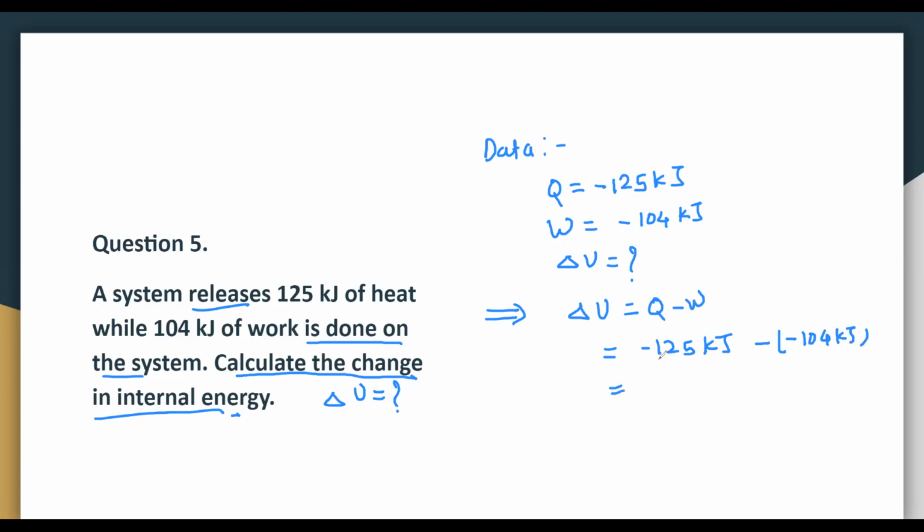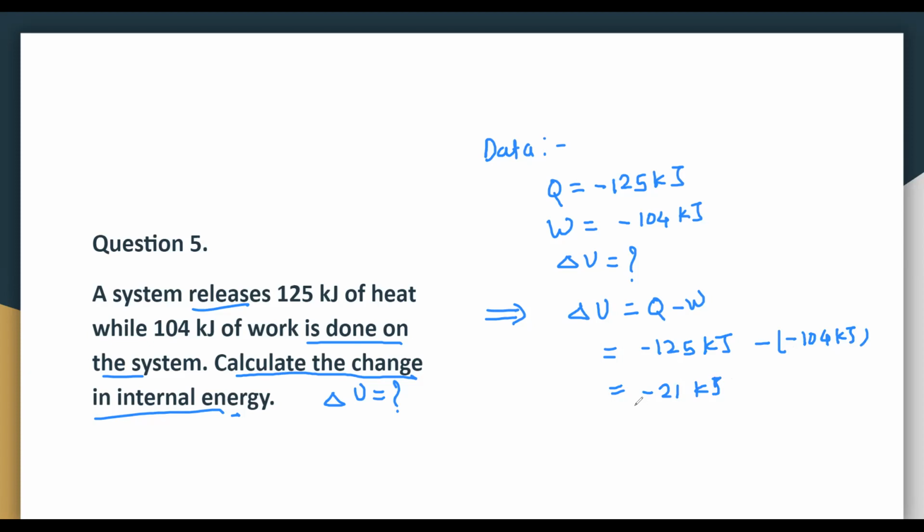So after substituting all values, now this is again minus 125, minus minus will become plus. It means minus 125 plus 104. So which will give us minus 21 kilojoule.